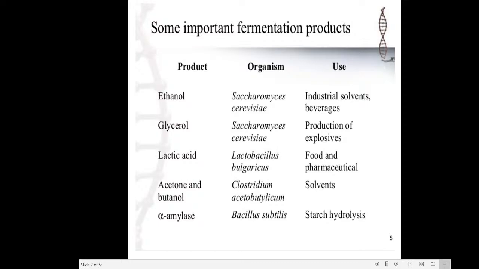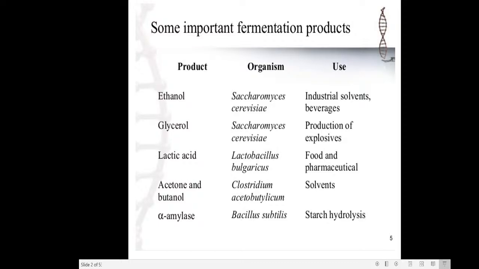Some fermentation products are produced through the external surface receptors of the microbe. In that case we can use continuous cultivation. It is a very important thing. There are two fermentation methods: batch fermentation and continuous fermentation.